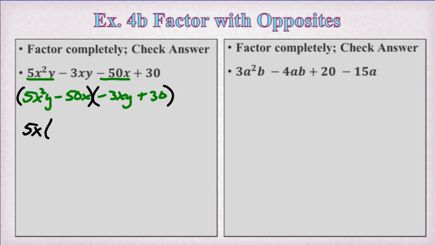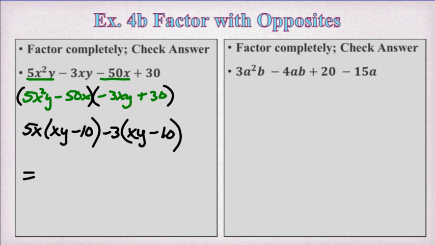That leaves me with an xy minus 10. And on the other side, I can take out a negative 3. That leaves me with xy minus 10. And in my answer, I have xy minus 10 times 5x minus 3.